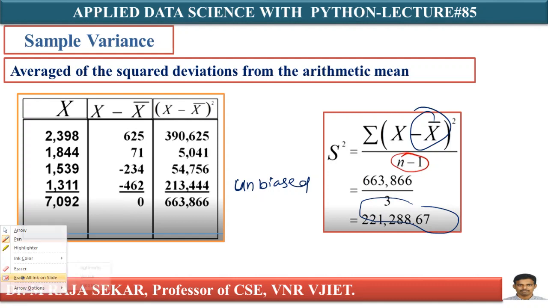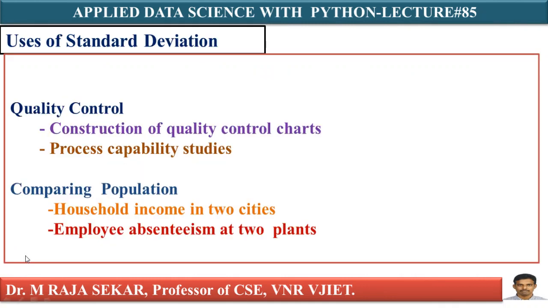Anyway, let me proceed. Why do we have to study the standard deviation? Because standard deviation gives an indicator of financial risk. The higher the standard deviation, the more the risk. Less standard deviation means less risk. In a quality control context, generally when we manufacture something by plant A and plant B, or shift A or shift B, whenever the variance is less, then the quality of the product is high, the process capability is also high.